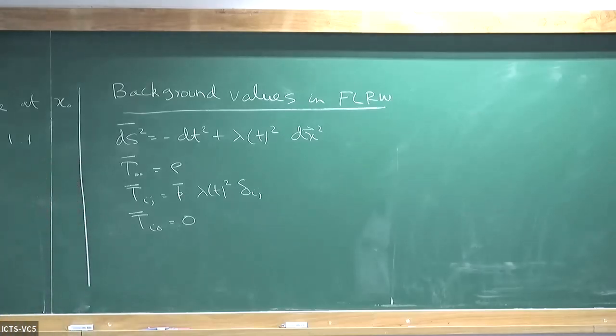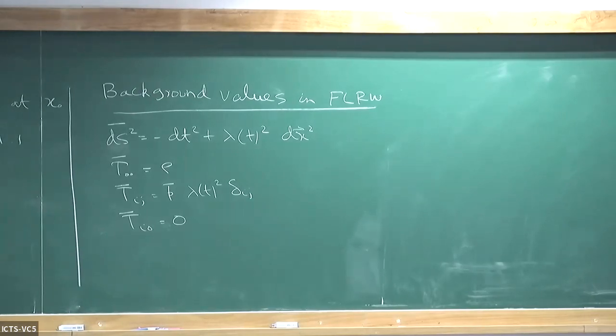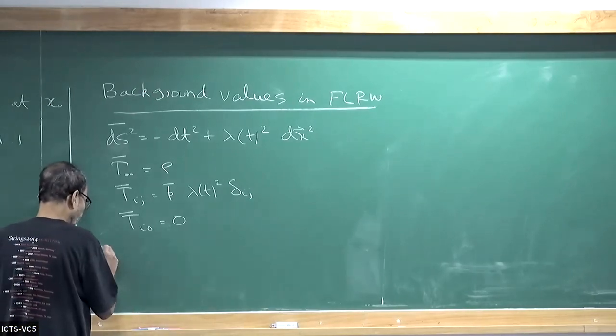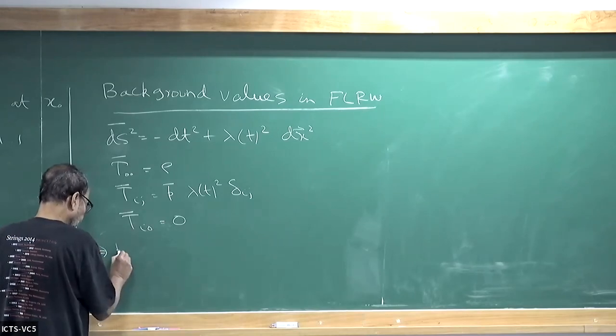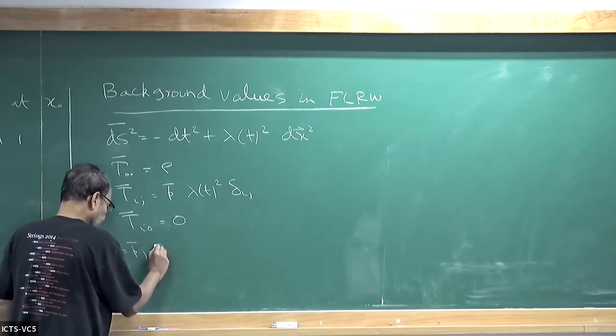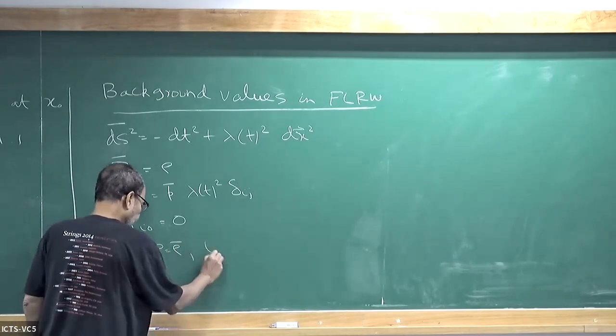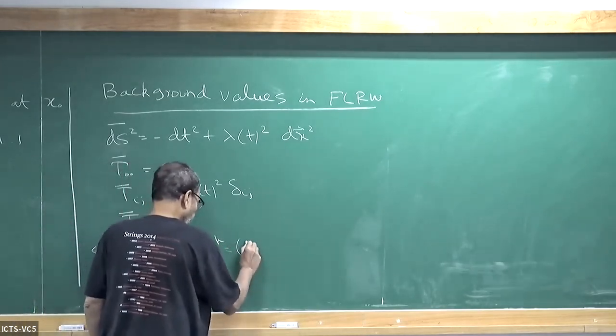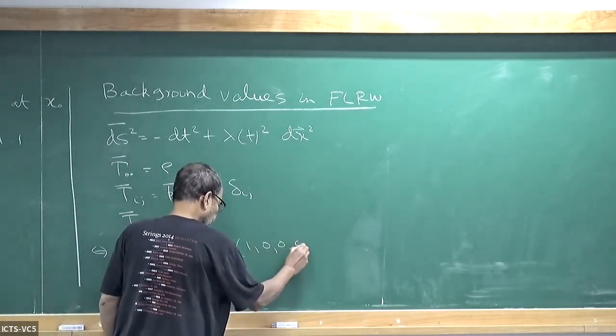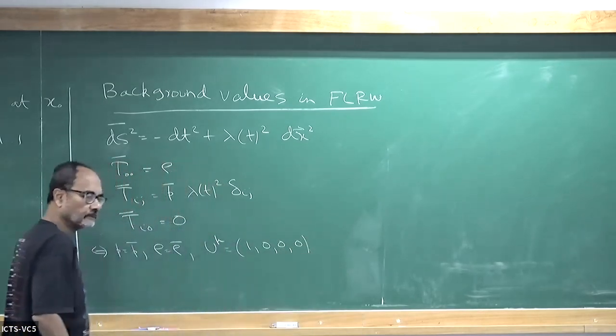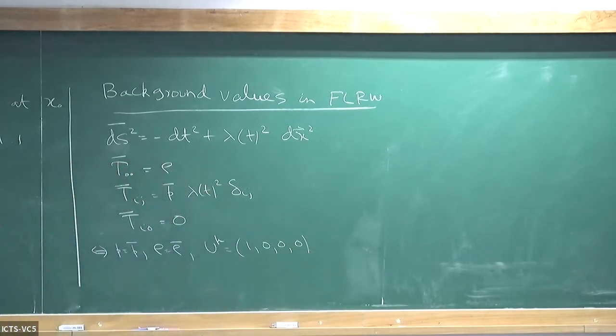We will try to see what choice of U, P and rho satisfy this. You can easily check that this corresponds to P equal to P bar, rho equal to rho bar, and U mu equal to (1, 0, 0, 0).